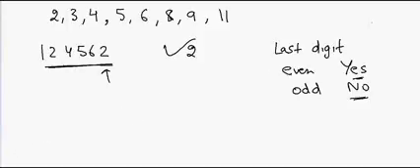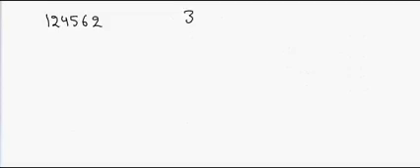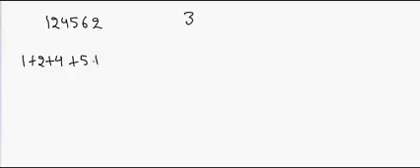Now let's talk about division by 3. If I have 1 2 4 5 6 2 again, and I'm looking at whether it's divisible by 3 or not, I'll add all these digits together. 1 plus 2 plus 4 plus 5 plus 6 plus 2 gives 3 plus 4 is 7, 7 plus 11 is 18, plus 2 is 20.